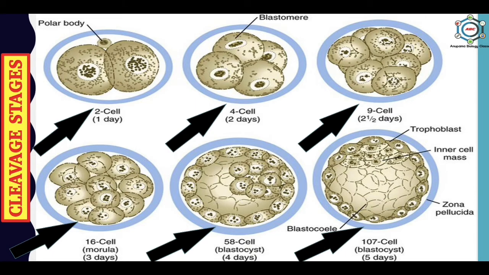Because of this, 4 cells are directly above the lower 4 cells, and it is also indeterminate, so each blastomere formed by early cleavage divisions retains the capacity to develop a complete embryo. Then it forms the blastula, where the outer trophoblast cells and the inner cells are present, which we will discuss in the next slide.